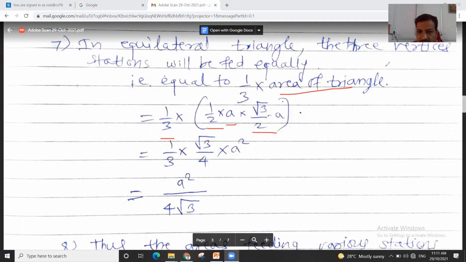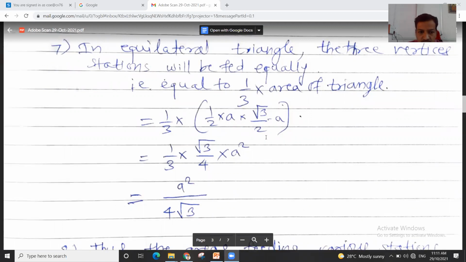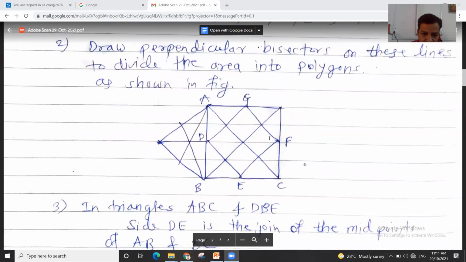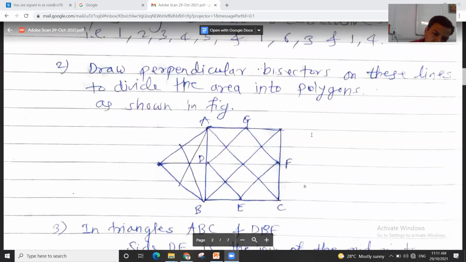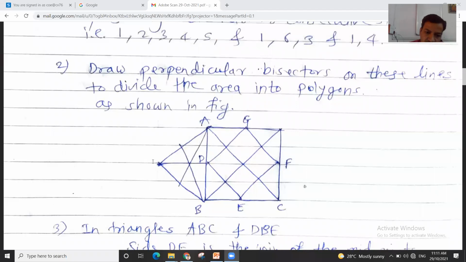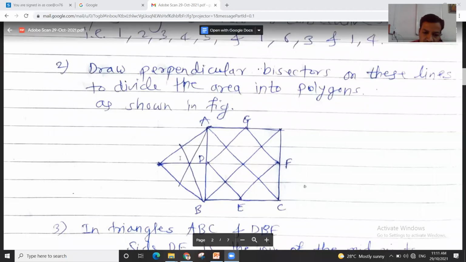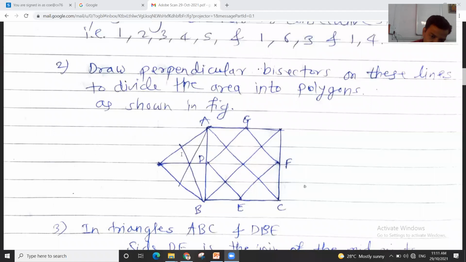Okay, या डायग्राम मध्ये दिले पहा. One third. See this. This is a total triangle that is divided into these 3 triangles.